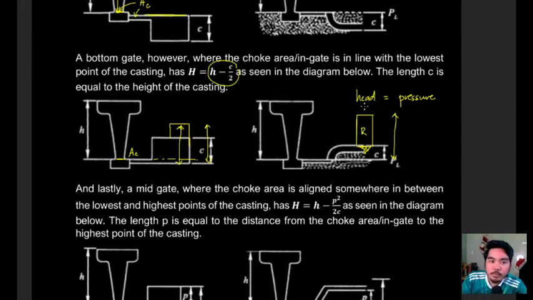Okay? So again, the formula is the effective head becomes the height of the sprue assembly, which includes the pouring cup, minus the highest point of our casting divided by 2.